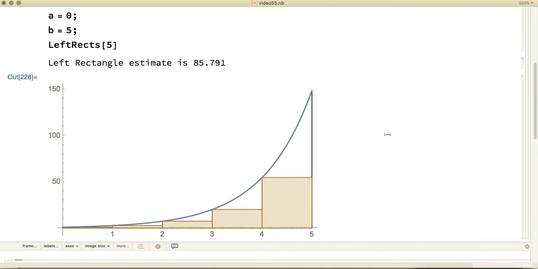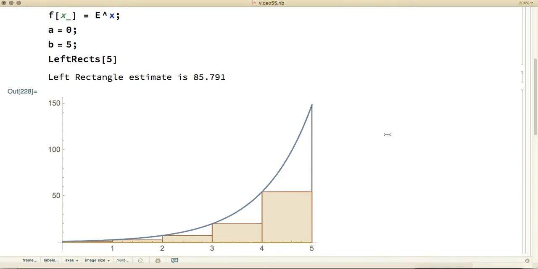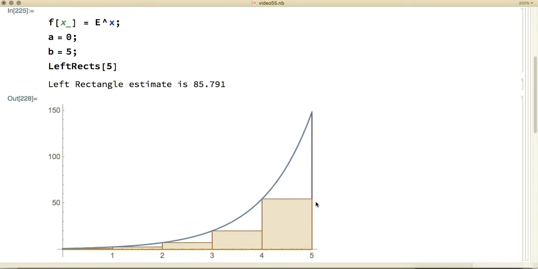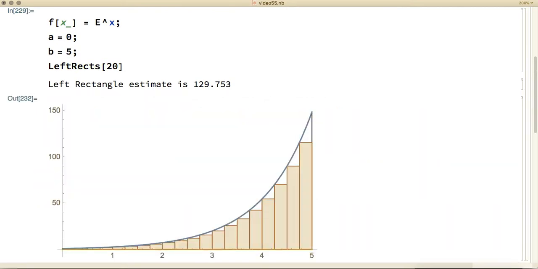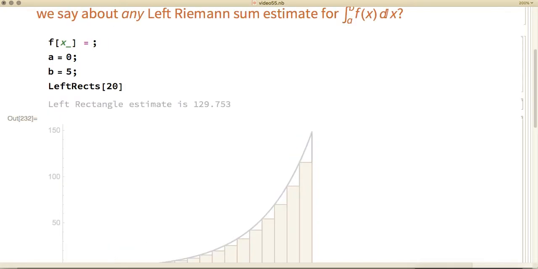And clearly this is an underestimate since the rectangles are completely underneath this increasing function. There's nothing special about the number of rectangles. If I squish a lot more rectangles in there, I still have an underestimate, because the rectangles are still completely underneath the curve and hence they're missing pieces of area. There's also nothing special about the increasing function I happen to choose.